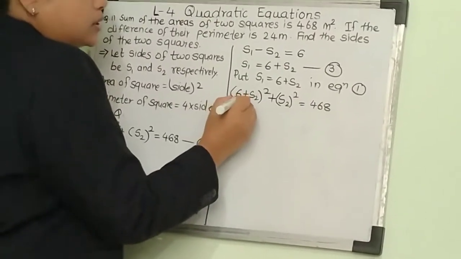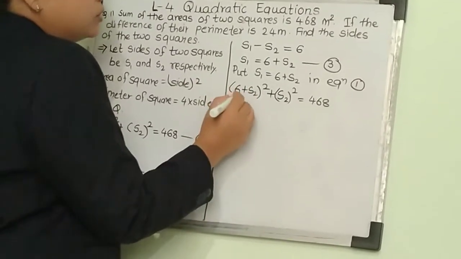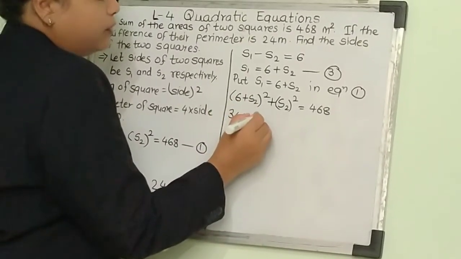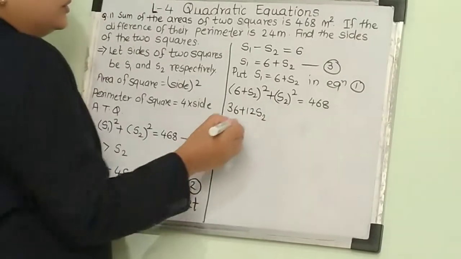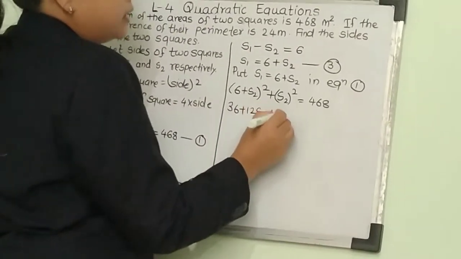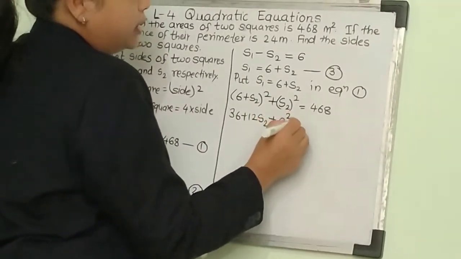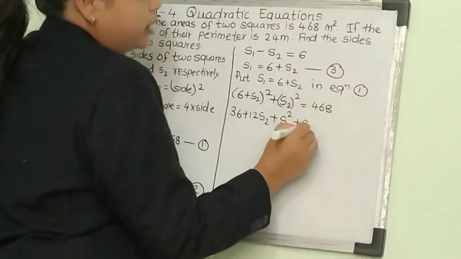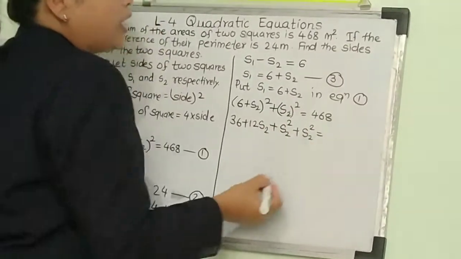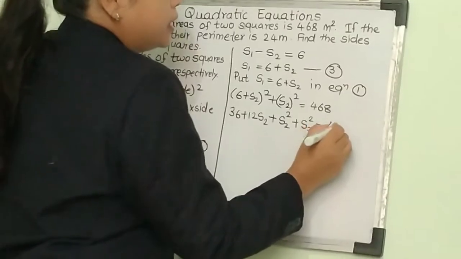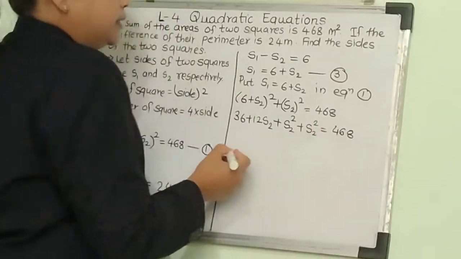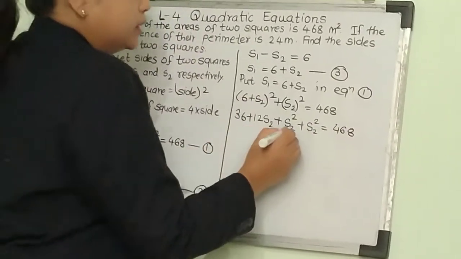So 2 into 6 into S2 is 12 S2, plus S2 square, equals 468.